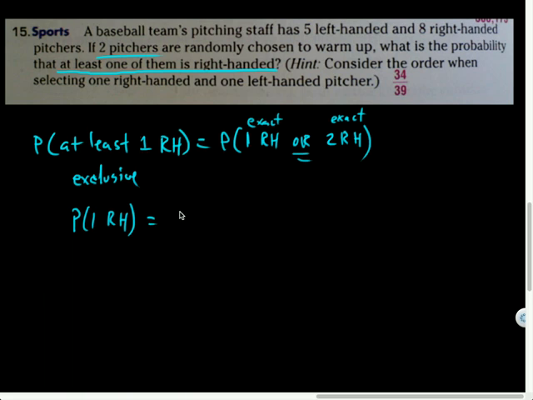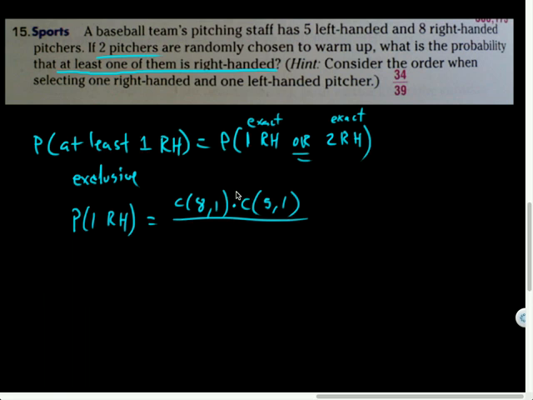How many right-handers? We've got 8, so that's combo 8-1. But where am I picking my second pitcher from? The left-handers. So I'm going to have to consider the outcomes of who that other one was picked from. If I only had this as my numerator, I'm not counting all of the possibilities.